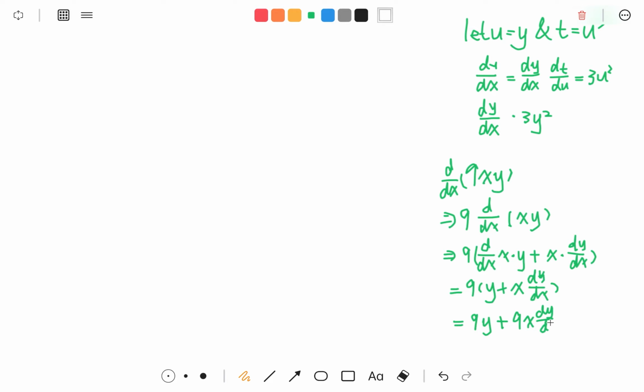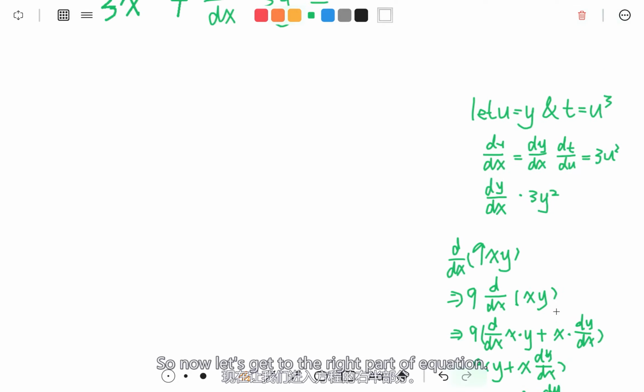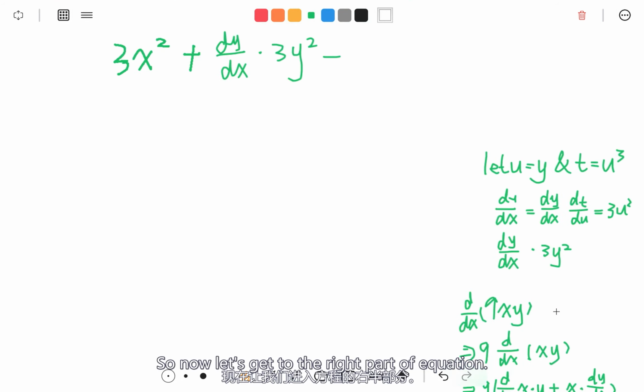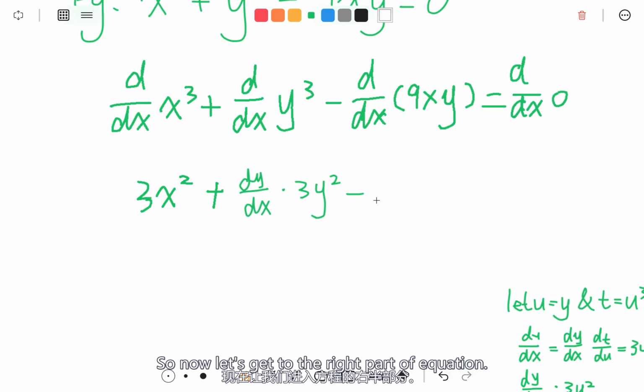So now let's get to the right part of the equation.